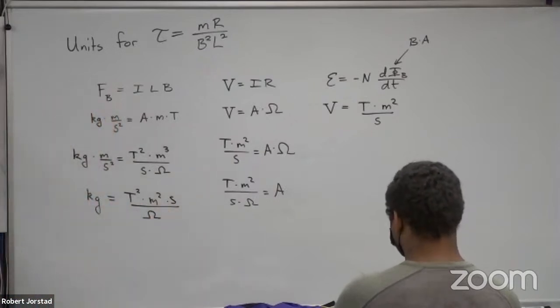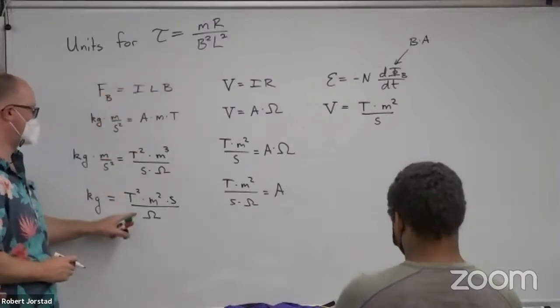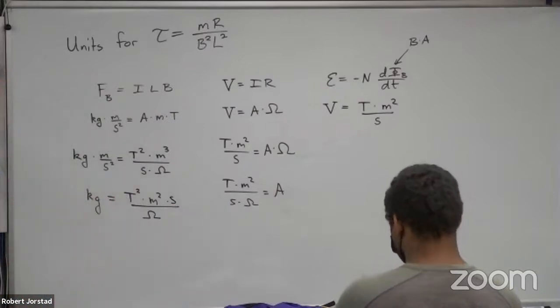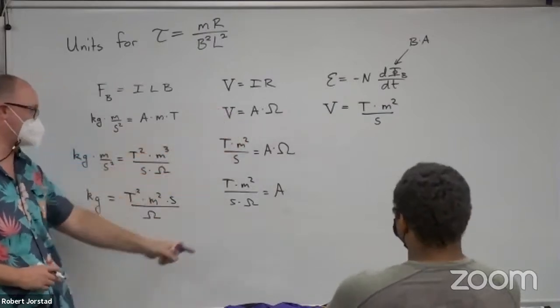So my claim is a kilogram relates to all these other units, ohms and Teslas and meters, using this equation. I claim this must be true because all the other equations we have used have been tested and work, and so these units must also be true.